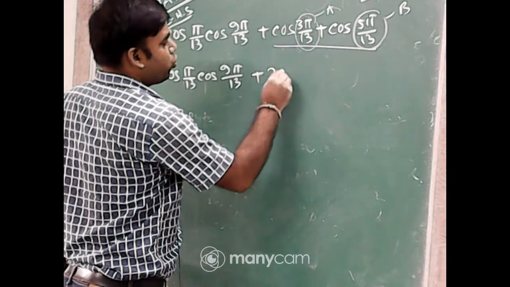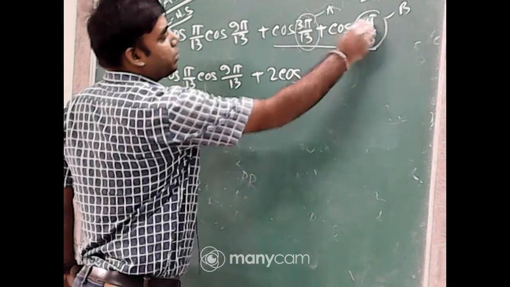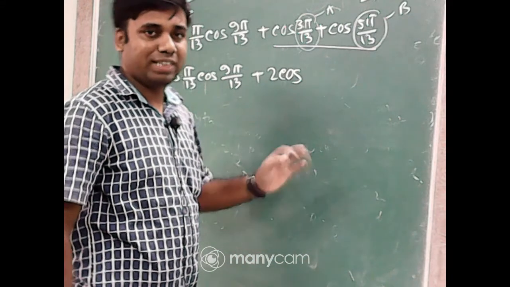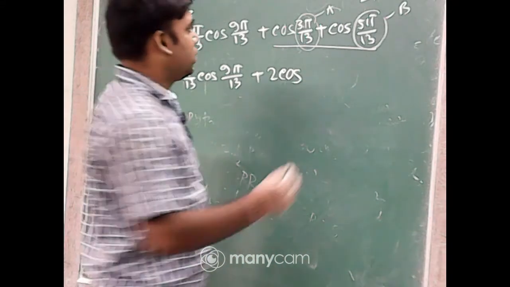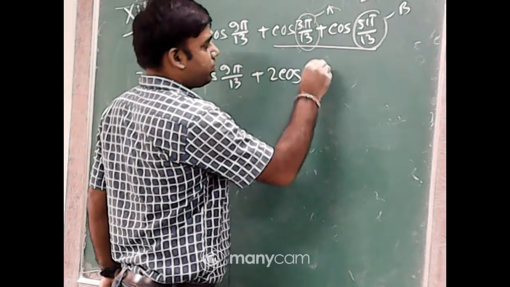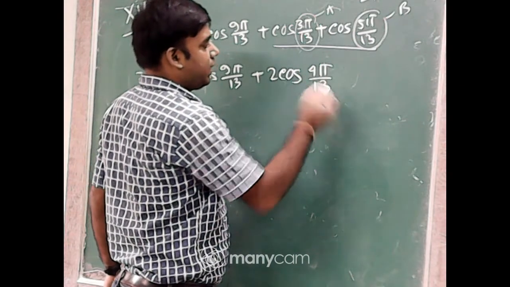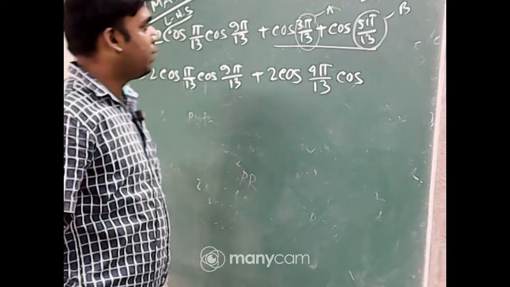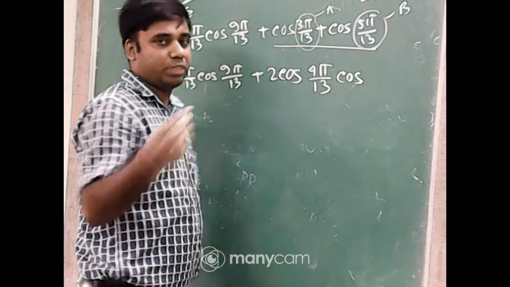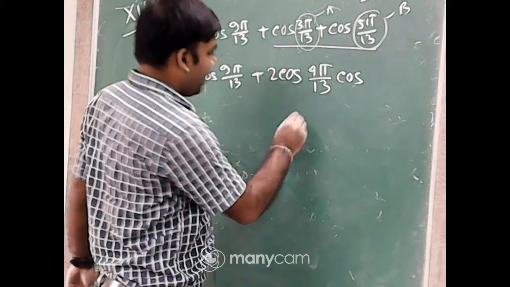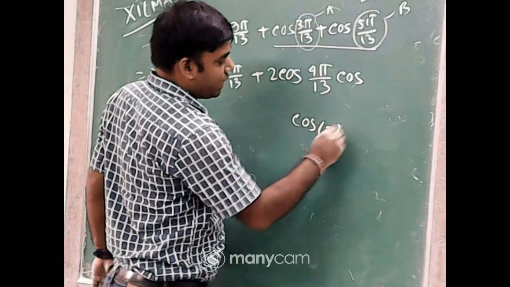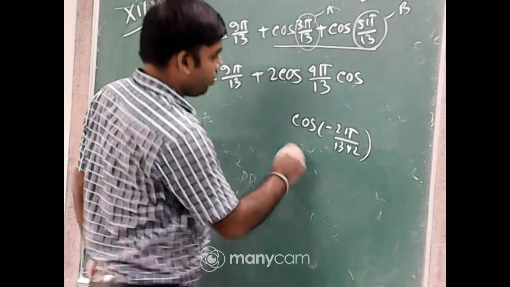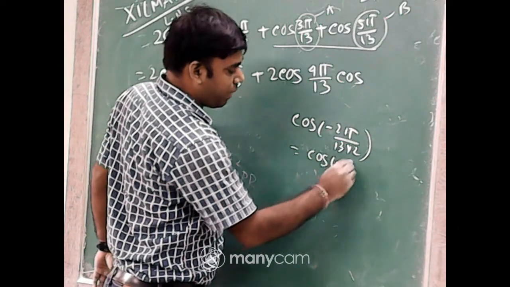Therefore 2 cos (a plus b) by 2: 3 pi plus 5 pi is 8 pi by 13, divided by 2, that is 4 pi by 13. And cos (a minus b) by 2: 3 pi minus 5 pi is minus 2 pi, so cos of minus 2 pi by 13 into 2, that is cos of minus pi by 13.